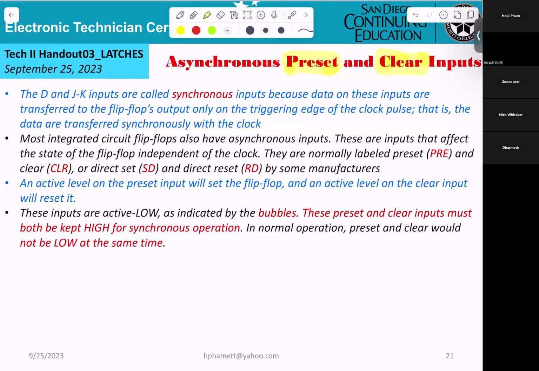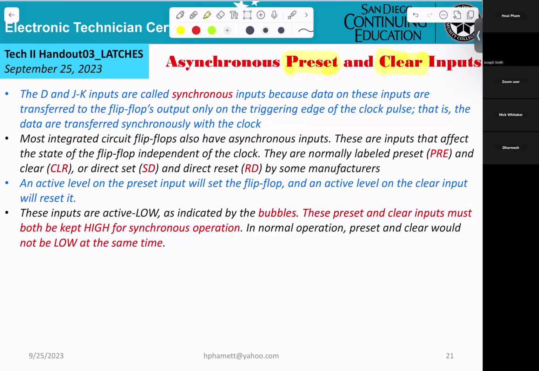They ignore the input, either J, K, or D, or the clock. So basically, they override the input and the clock.